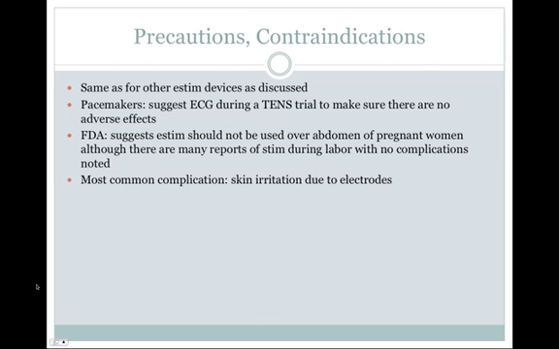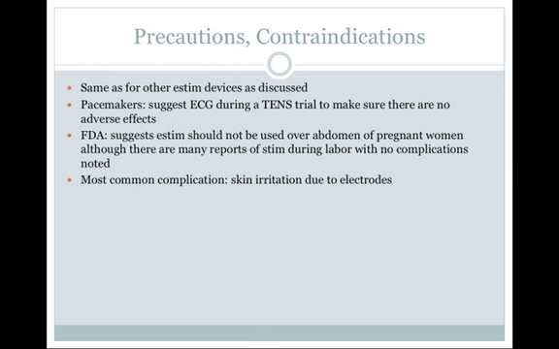And precautions or contraindications are really the same as for any other Estim device, as we discussed. For pacemakers, often it's suggested that an ECG is done during a TENS trial to make sure there are no adverse effects. So one of the things to look at is just who's doing the referral for the TENS unit when you've got a patient that does have a pacemaker. Typically these days pacemakers aren't affected by TENS units, but always a good question to ask.